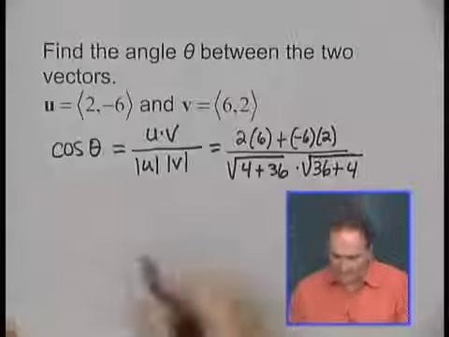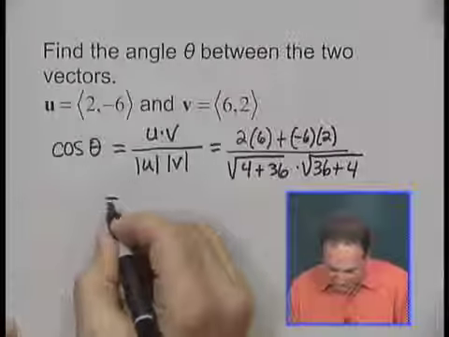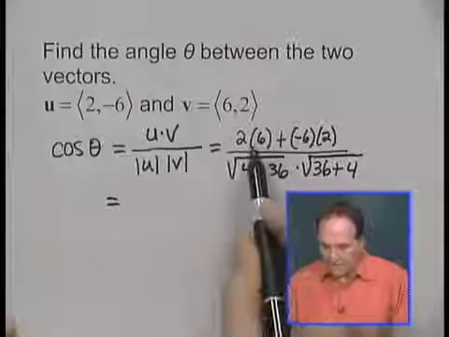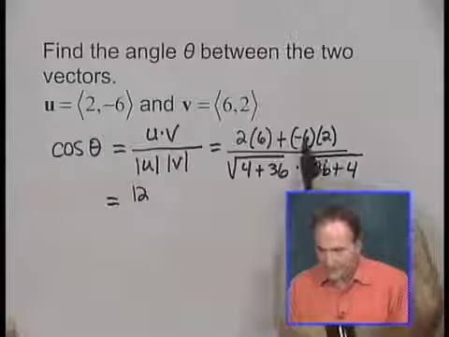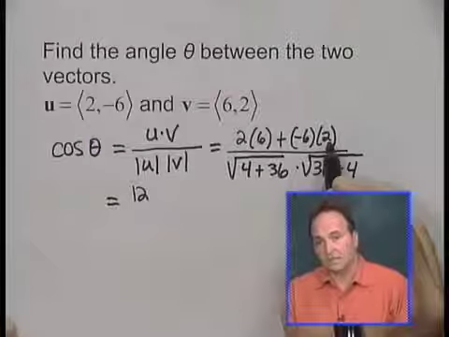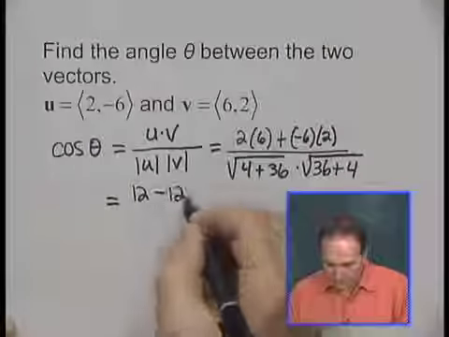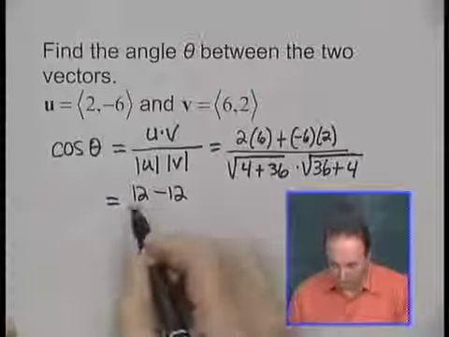And simplifying this, in the numerator, 2 times 6 is 12. Negative 6 times positive 2 is negative 12, so it's 12 minus 12 in the numerator.